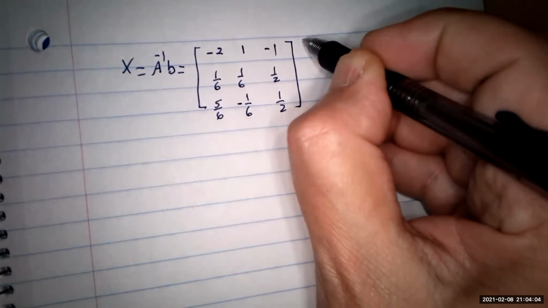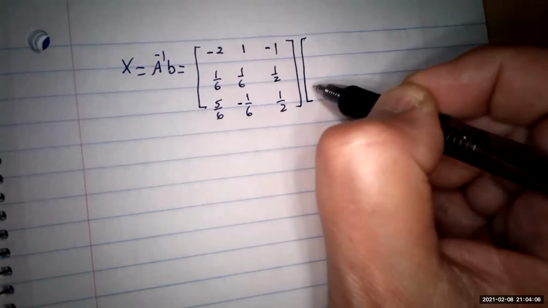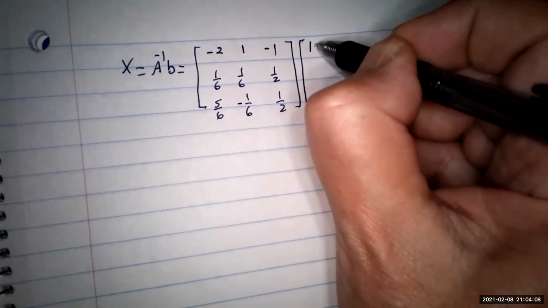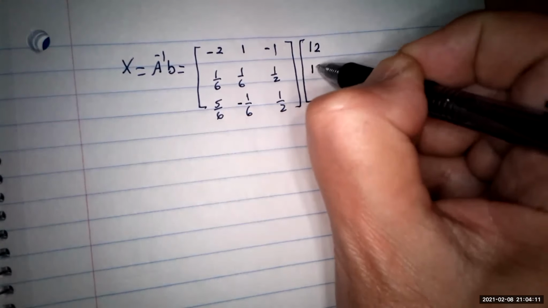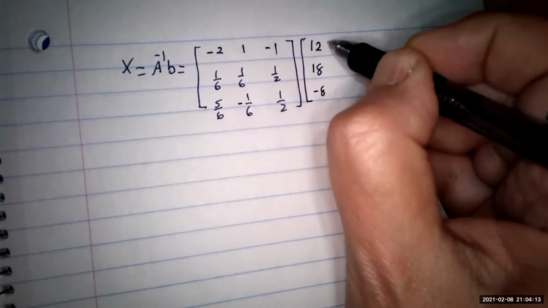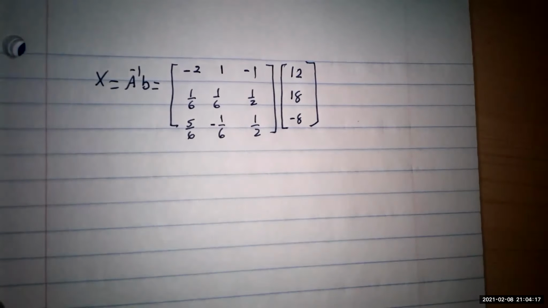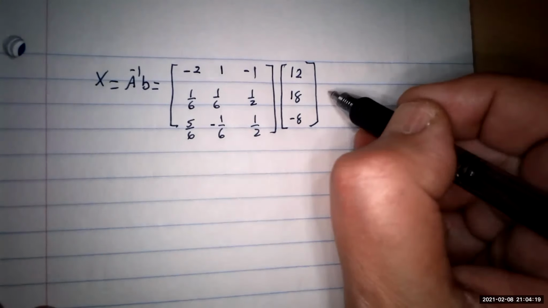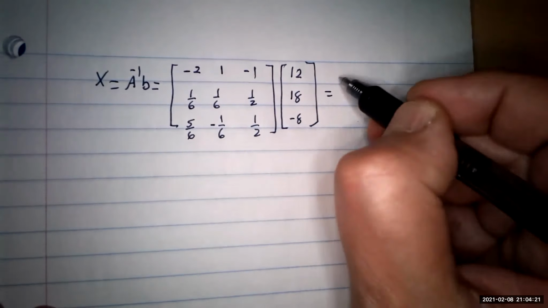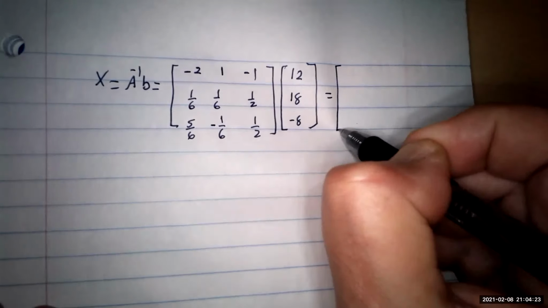You multiply by B. Remember the B is 12, 18, and negative 8. That's it. You multiply them together, so that gives you the result. If you multiply together, this is not going to be difficult. So I just write the solution for you.